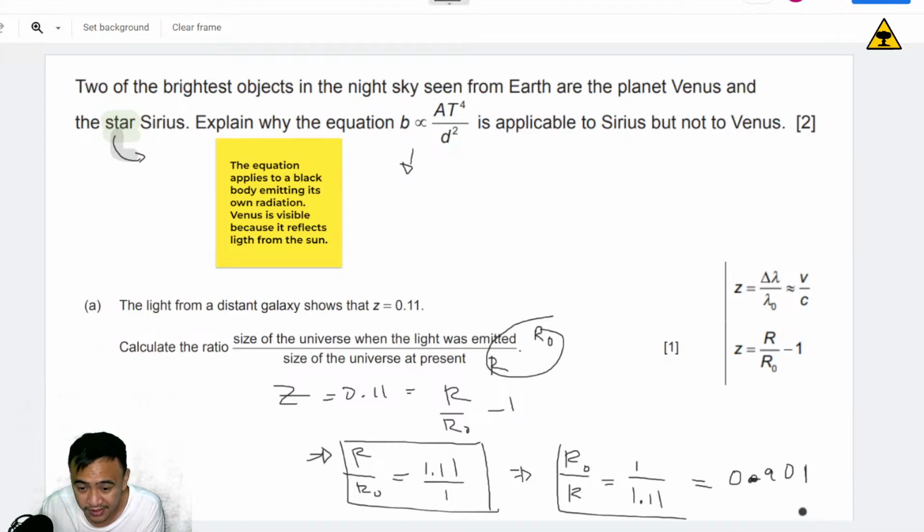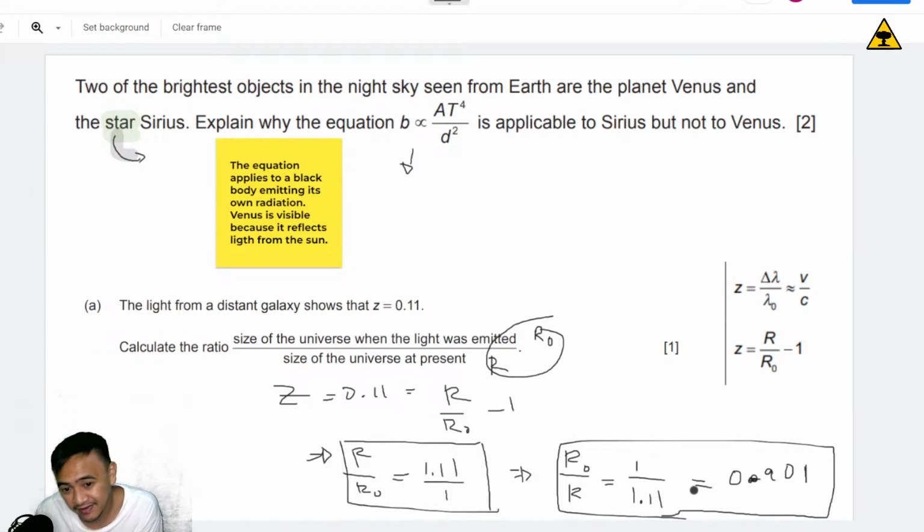So in other words, that ratio is going to be 90%: the universe at the time when the light was emitted was 90% of the size now. So that's what this equation actually means.